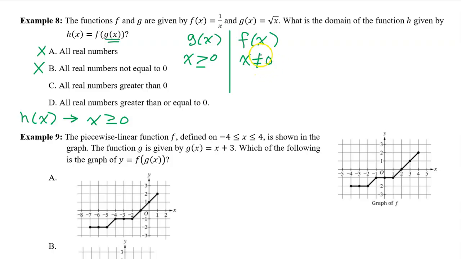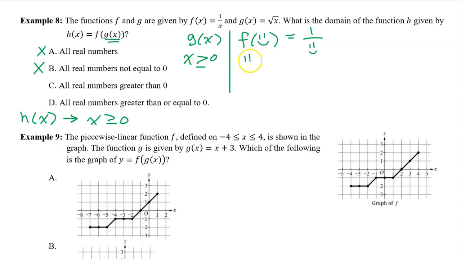But I need to be careful here because we have already used x when we were talking about the inner function g. So this is different. For the outer function, let's talk in terms of f at smiley face instead of x. I don't want to get this x and this x confused because they're not the same thing. F at smiley face will be 1 over smiley face. So the restriction is smiley face cannot equal 0.